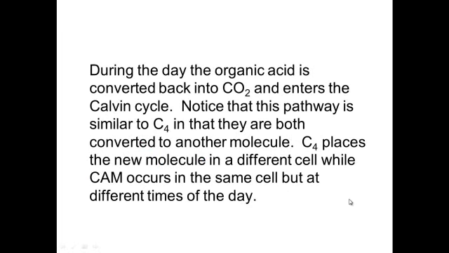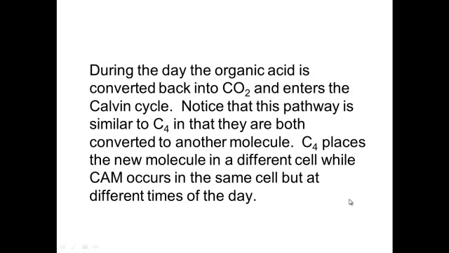During the nighttime, the stomata are open, the carbon dioxide is pulled in, converted to crassulacean acid, and then during the daytime, the stomata are closed, the acid is converted back to carbon dioxide, and it enters the Calvin cycle.